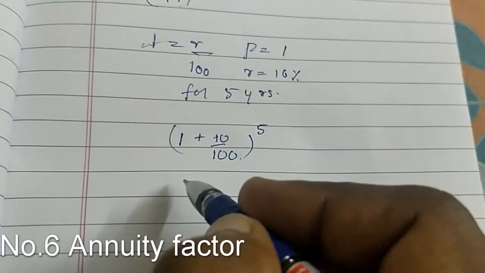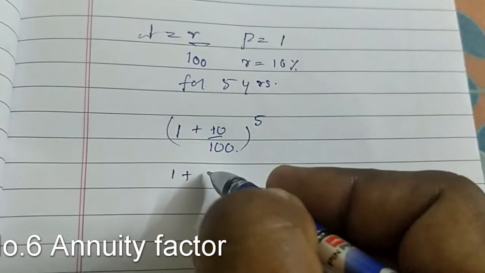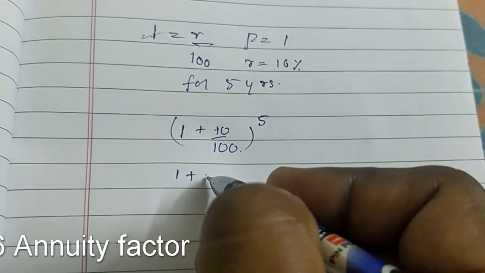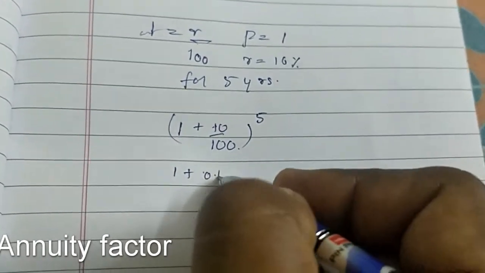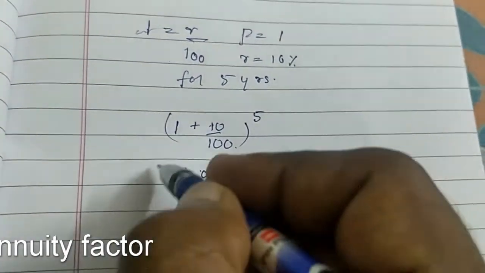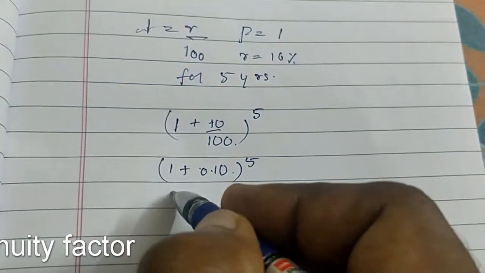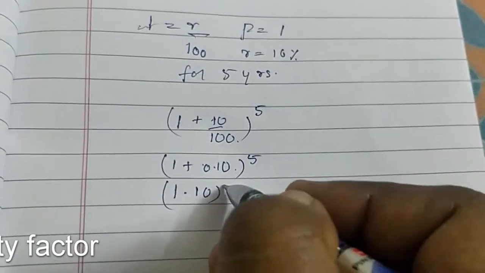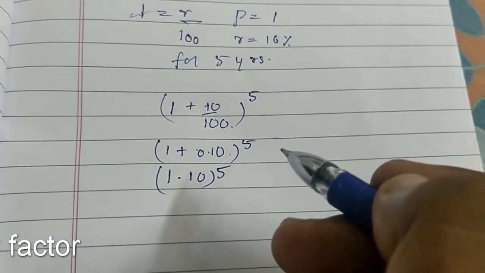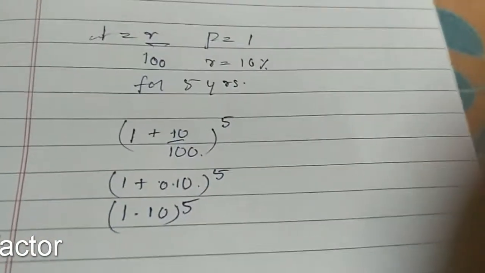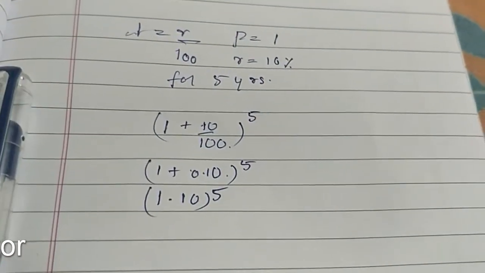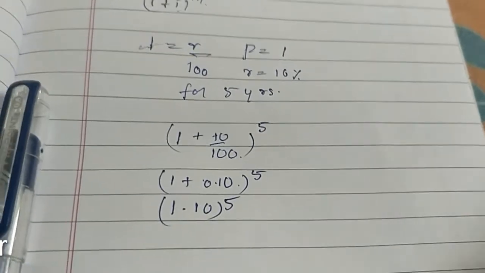So 1 plus 10%, that is 0.10, raised to 5, so 1.10 raised to 5. So what is the annuity factor? Now we have to find out the annuity factor for 1.10.